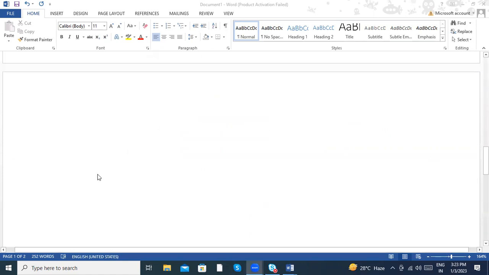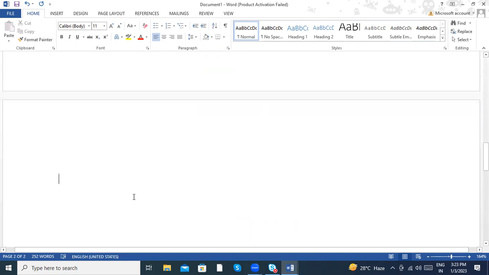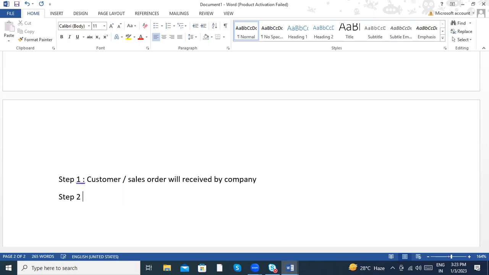Okay, so now what we understand here, steps. Let's go to step 1: customer order or sales order, which will be received by the company, right? Step 2 is the purchase requisition will be created.